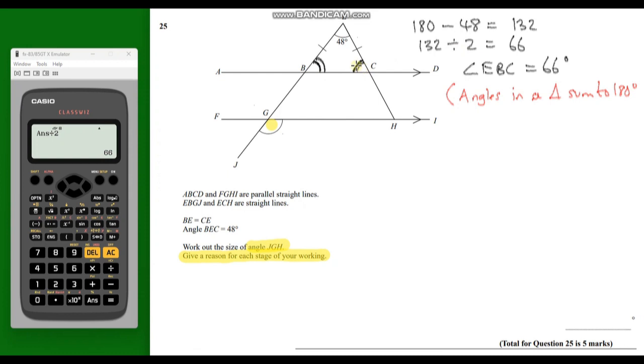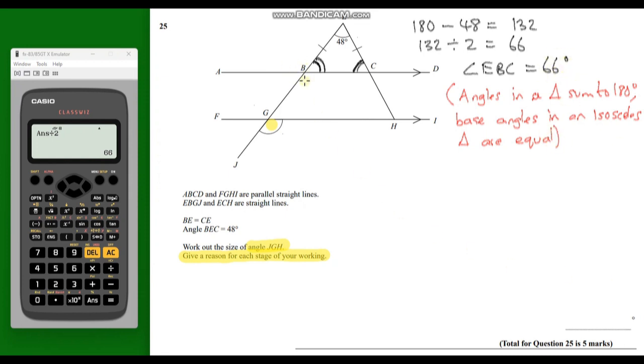And the second thing we knew was that base angles of an isosceles triangle are equal. So I'm also going to put base angles in an isosceles triangle are equal. So that is my justification of how I got 66 degrees.